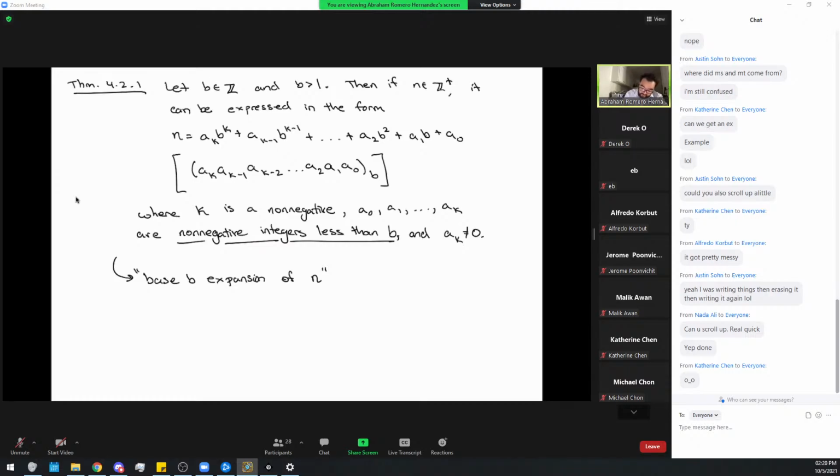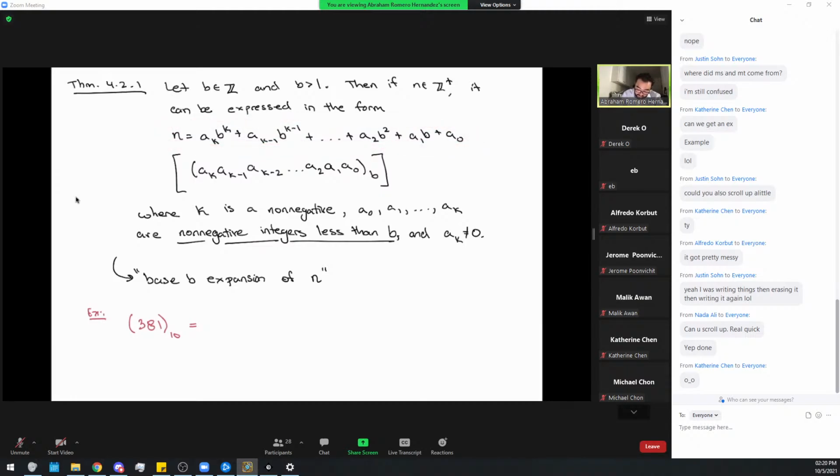So for example, suppose we have 381 and we want to change it to base 10. Well, we go by the definition. So notice I'm writing it in this notation. By the definition, we do this.